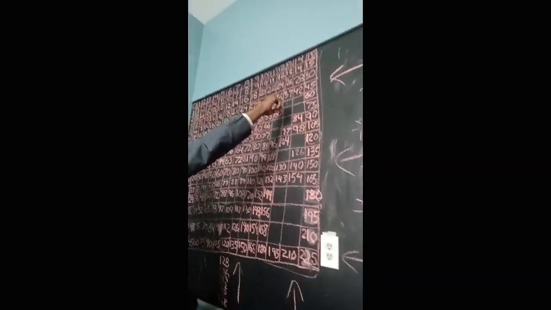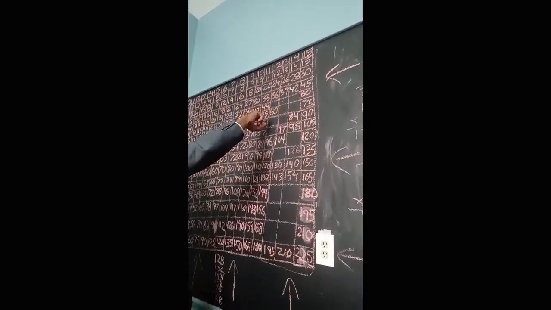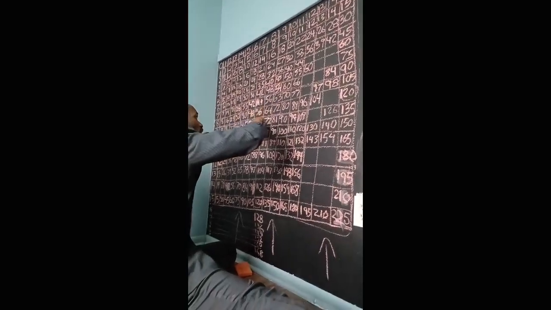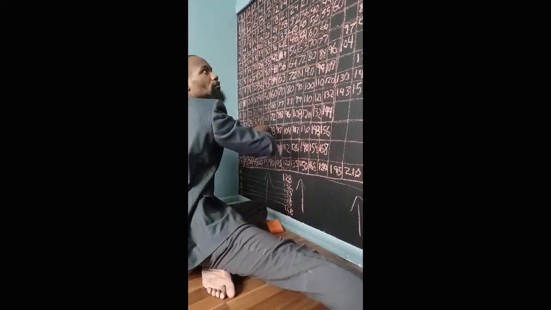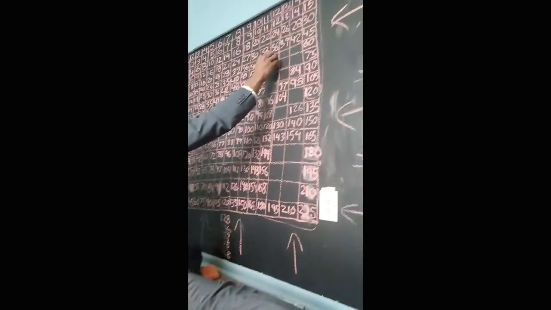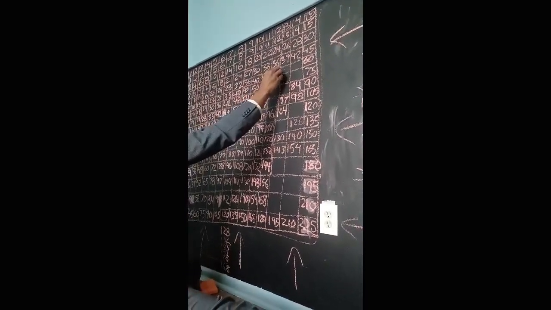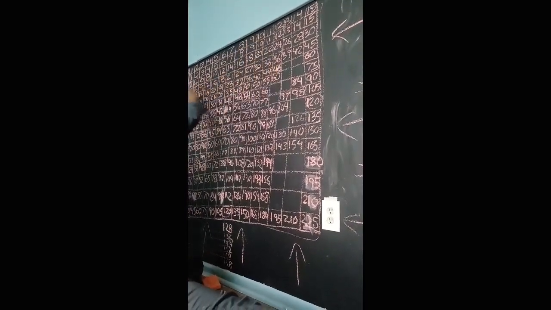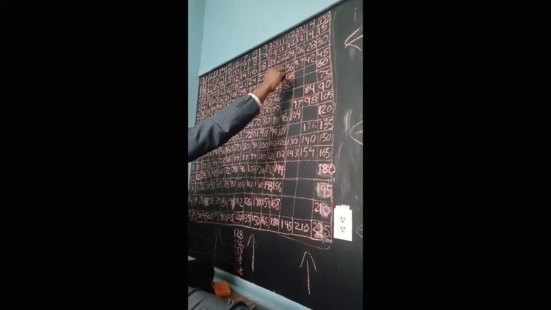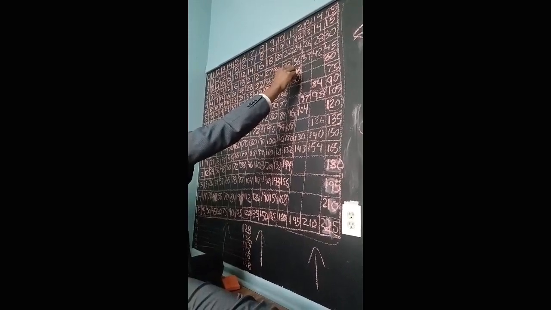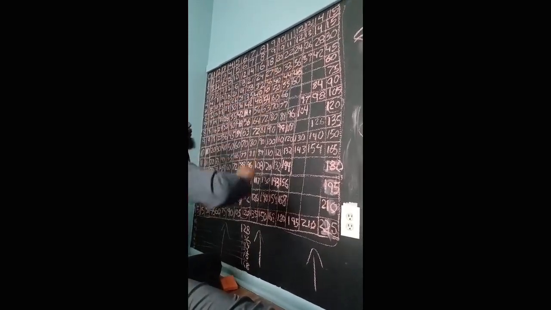15, 28, 39, something, 55, 60, 63, 64, 63, 60, 55, 48, 55, 48. Because 12 times 4 equals 48. 2 times 4 equals 8. 1 times 4 equals 4. 4, 8.